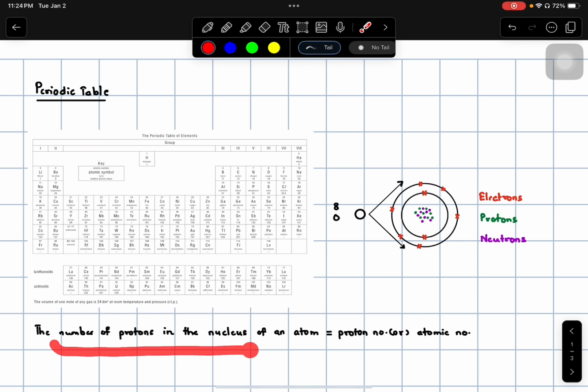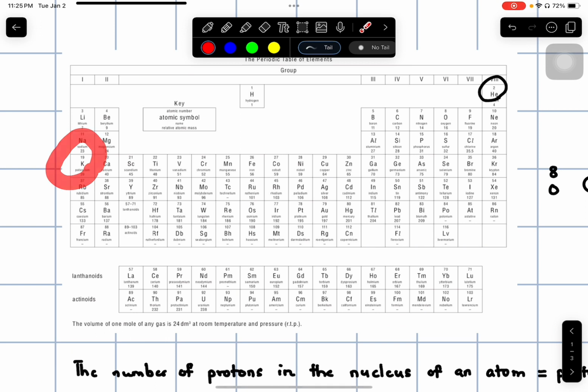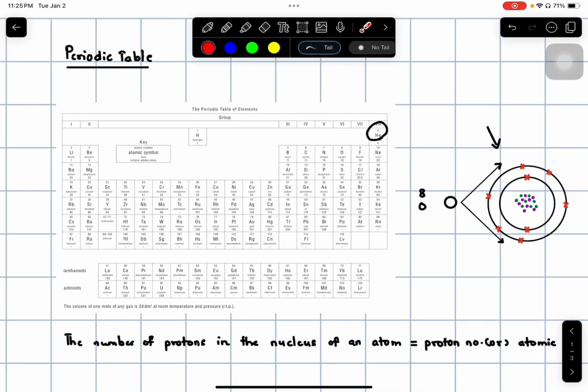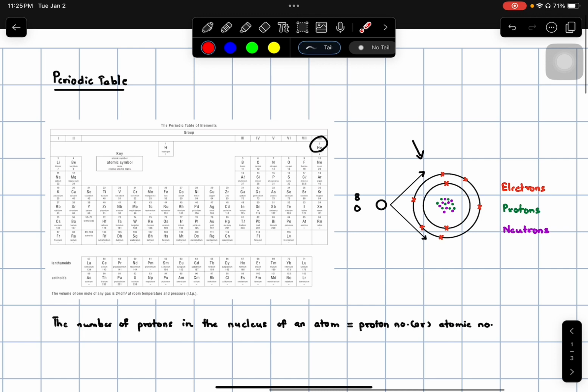Therefore, the definition goes like this. The number of protons in the nucleus of an atom is called a proton number or an atomic number. You can see potassium is 19, calcium is 20, scandium is 21, titanium is 22, vanadium is 23. So the table is arranged in the order of increasing number of protons and the atomic number.